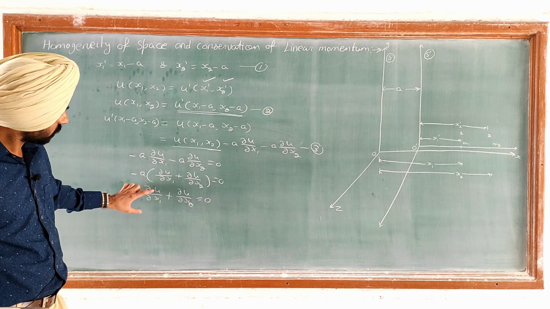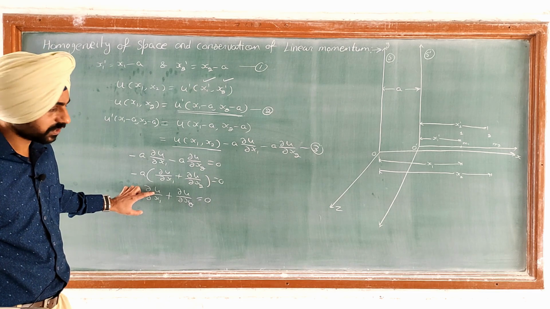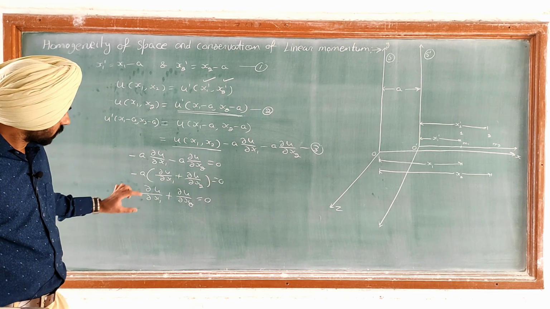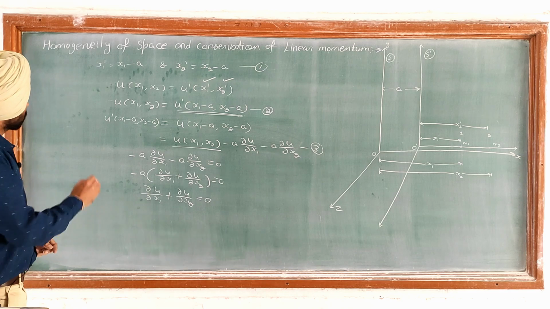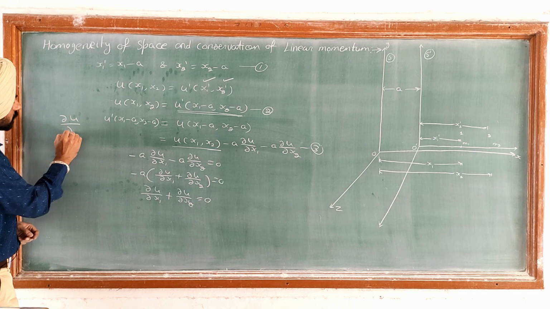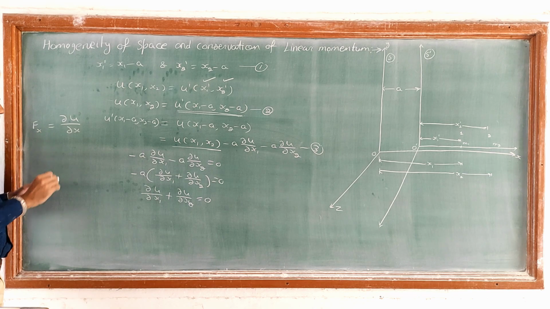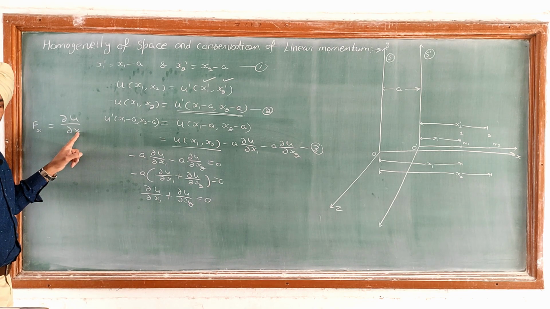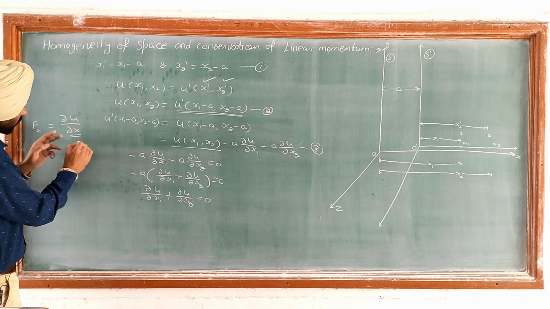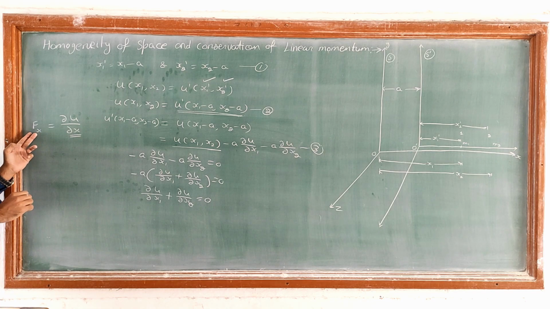Now this ∂U/∂x1 is the gradient of some scalar function, and this scalar function is the potential. So it is equal to some quantity, force. This is the gradient with respect to x, so this is the x component of force.